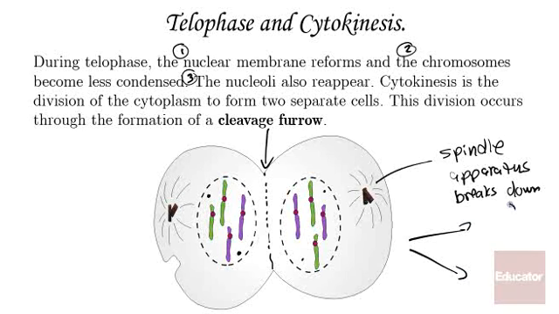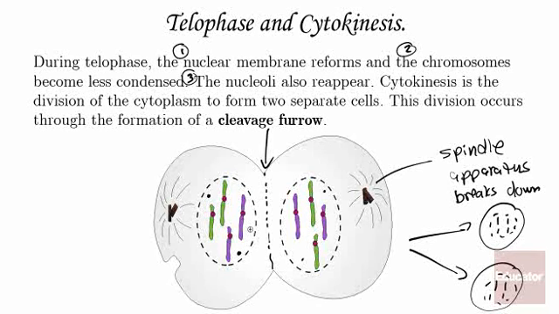So when cytokinesis is completed, the end result is going to be two diploid daughter cells. So the parent cell was diploid. It had 1, 2, 3, 4 chromosomes. This pinches off. We've still got 4 chromosomes.